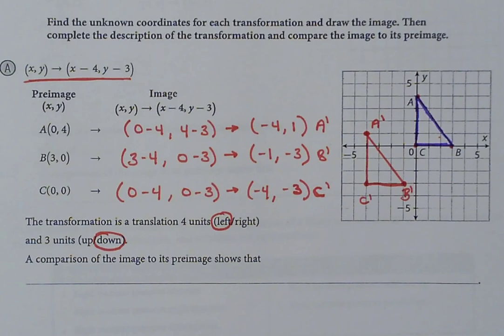Alright, now let's compare the image to its pre-image. If we look at these two triangles for a moment, I'm really looking for two things. First, is it the same shape? Do these two triangles look like the same shape? In this case, they do.